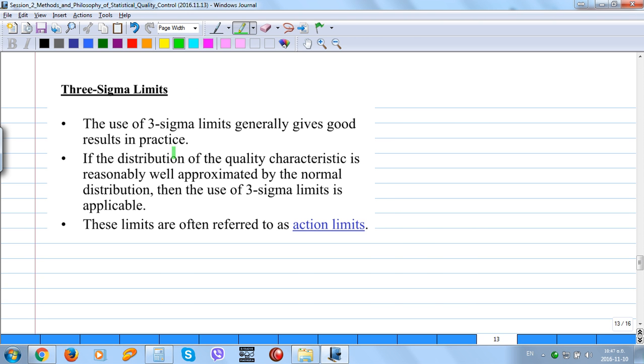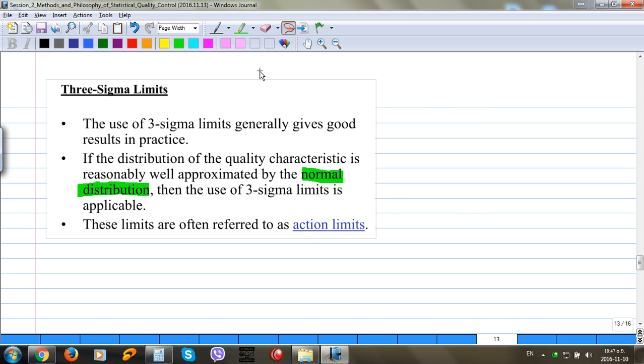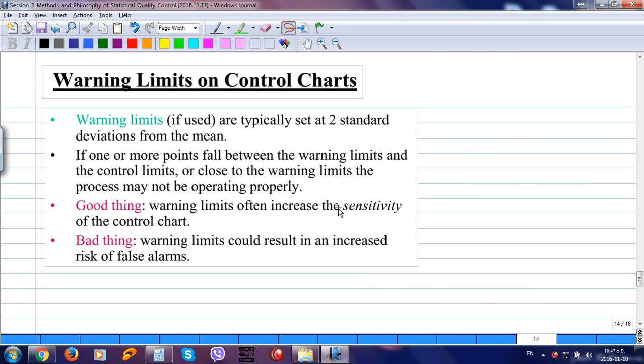So 3 sigma limits are appropriate for quality characteristics that are normally distributed, and these limits are often referred to as action limits. And there is another type, 2 sigma limits, which we call the warning limits.